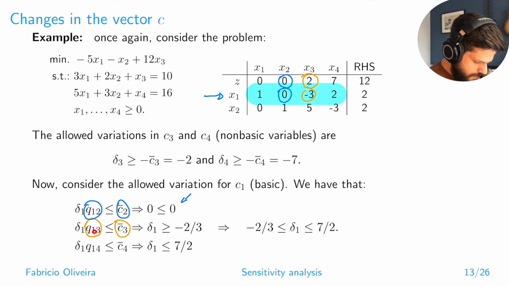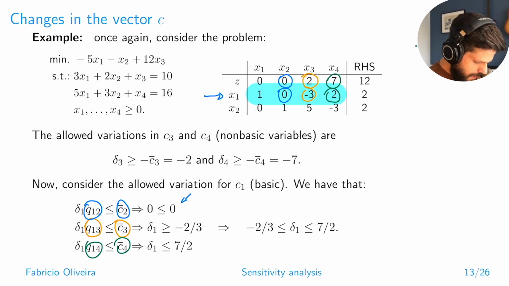This term here is minus 3. So this is 2, and then when I divide by minus 3, I get that. And last, when we look at this term, I get this condition right here. So that is 7, and that is 2. And then I get less or equal than 2.